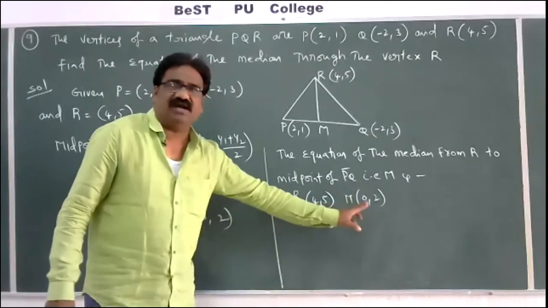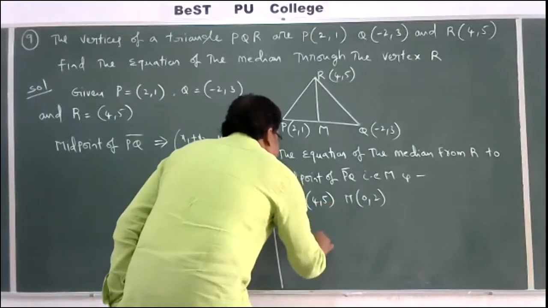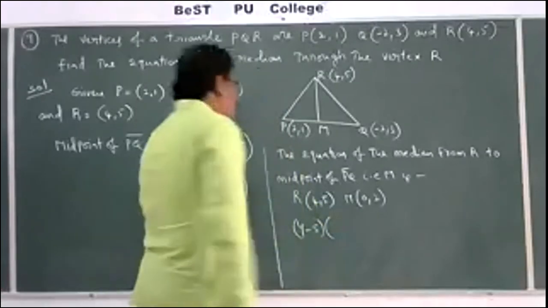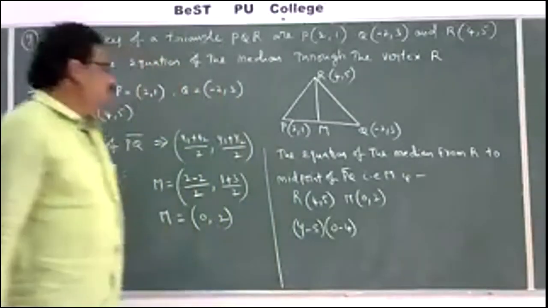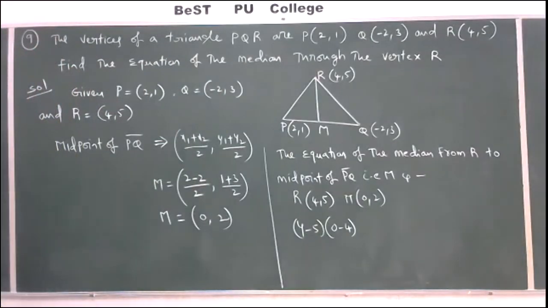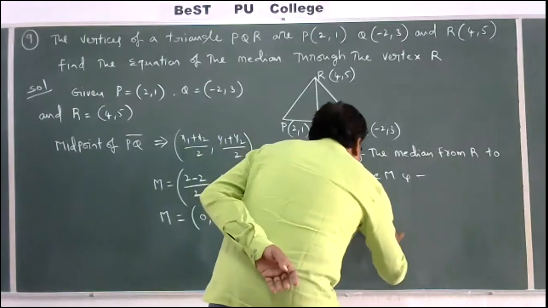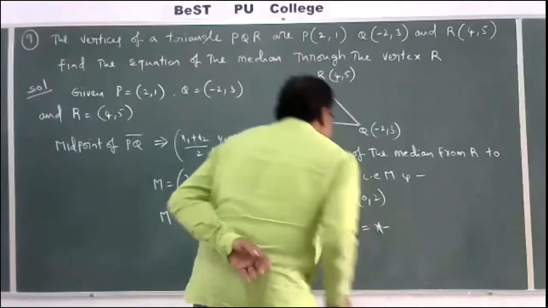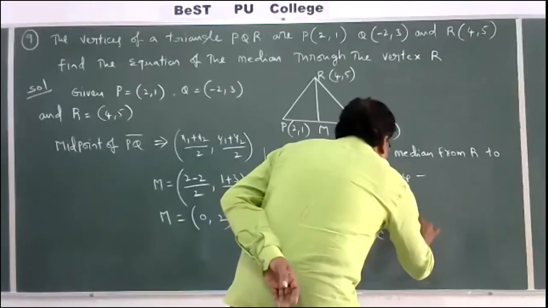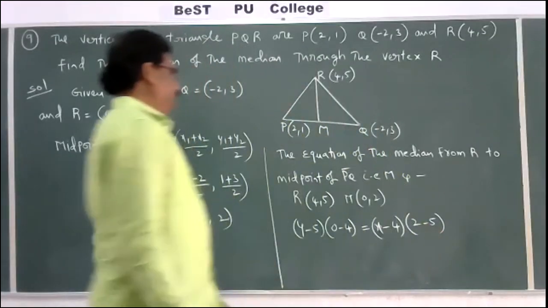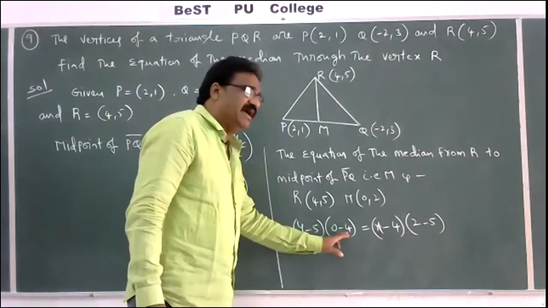This is x1, y1 and this is x2, y2. That is, y minus y1 into x2 minus x1: y minus 5 into 0 minus 4 is equal to x minus x1, that is x minus 4 into y2 minus y1, that is 2 minus 5. 0 minus 4 is minus 4.